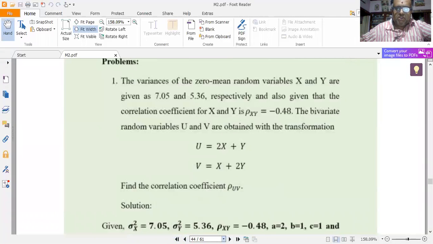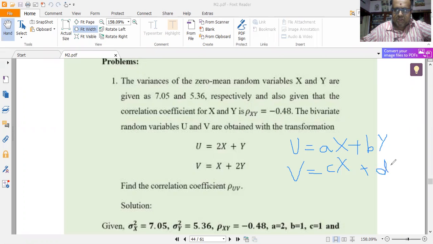So the transformation U is of the form ax plus by, and V is of the form cx plus dy.